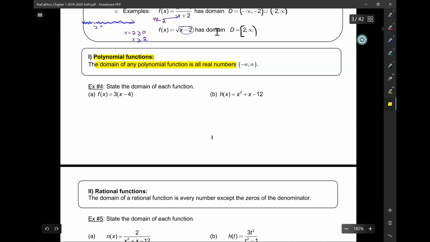Okay? What's a polynomial function? Basically, you have to have the variable raised to an exponent, which is a whole number, so either 0 or above. Variables have whole number exponents.